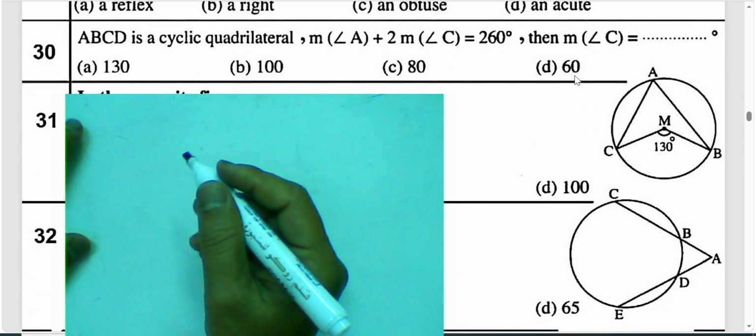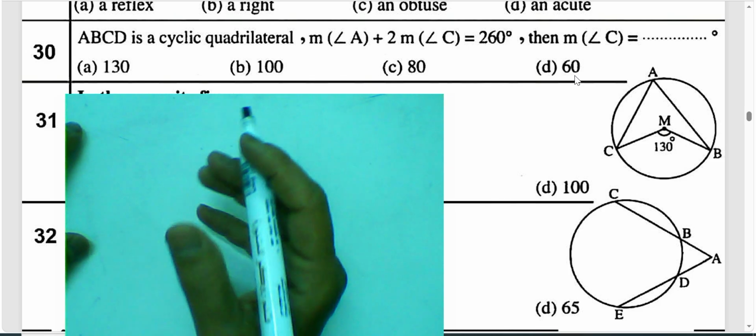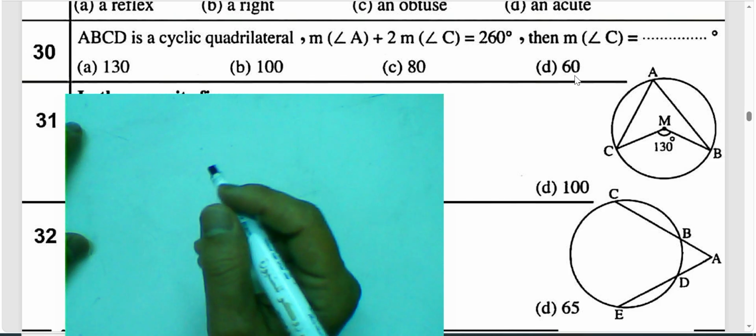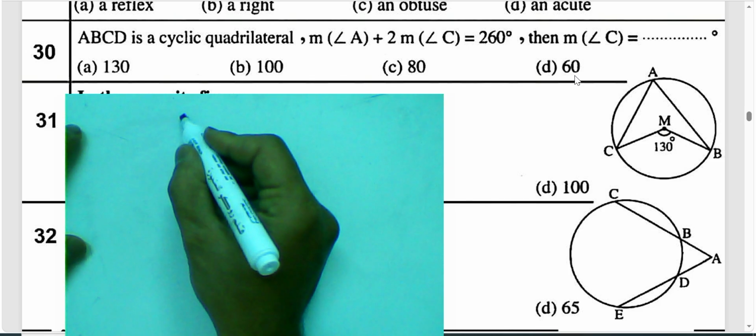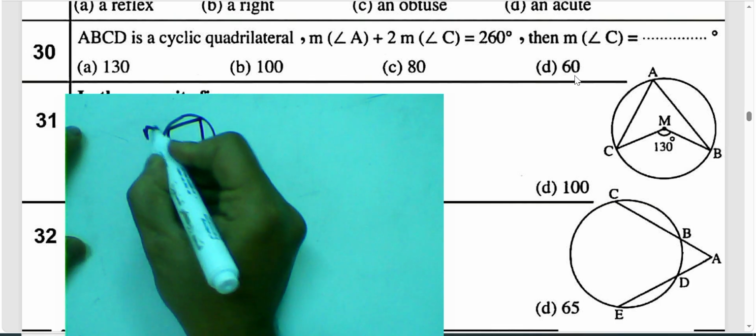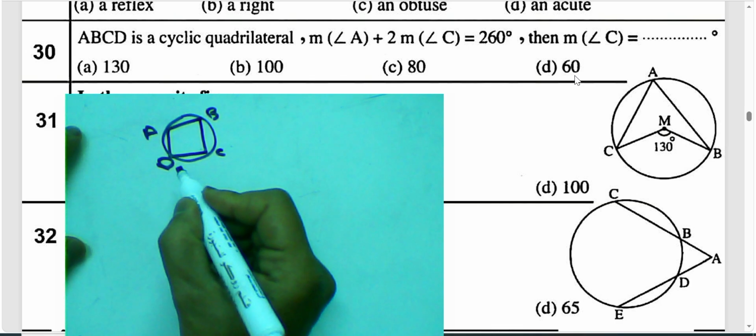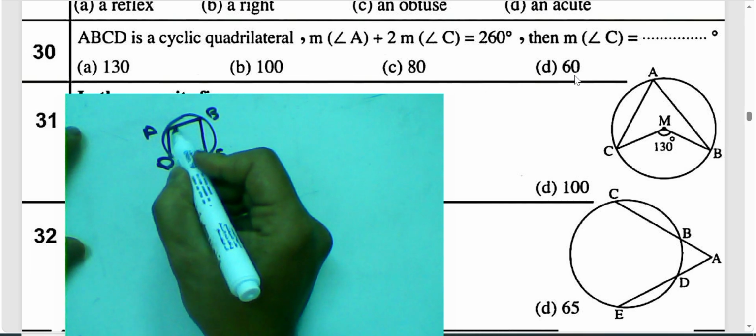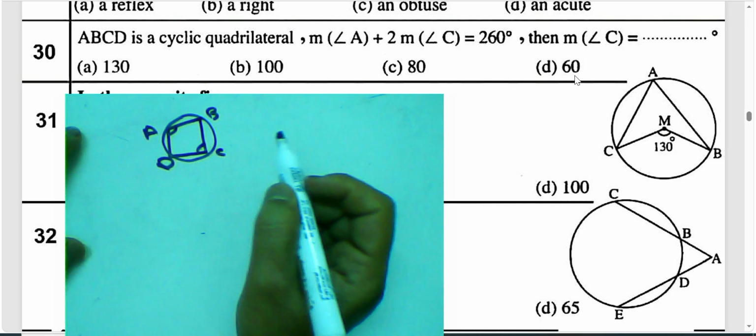ABCD is a cyclic quadrilateral and the measure of angle A plus twice the measure of angle C equals 160. The measure of angle C equals what? We know in a cyclic quadrilateral the measures of each two opposite angles sum to 180. We have ABCD. He gives me angle A plus twice angle C equal to 160.